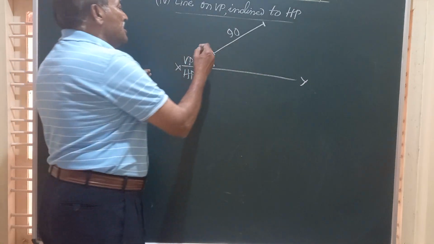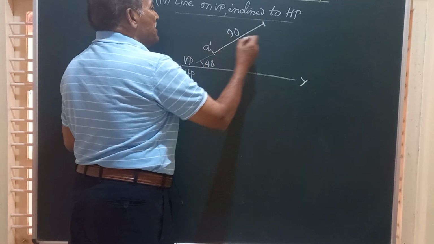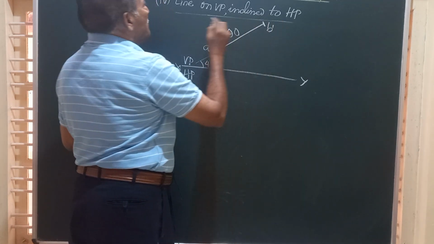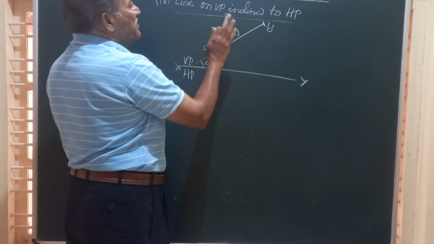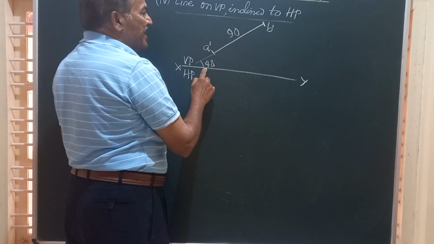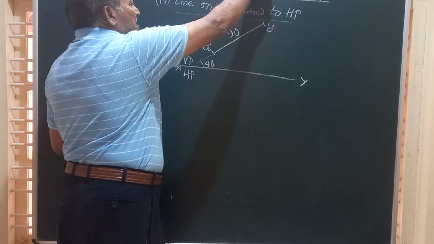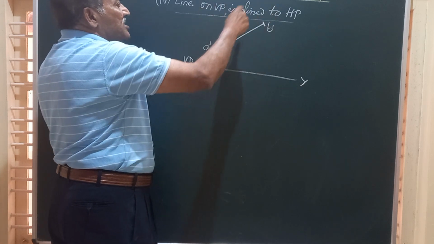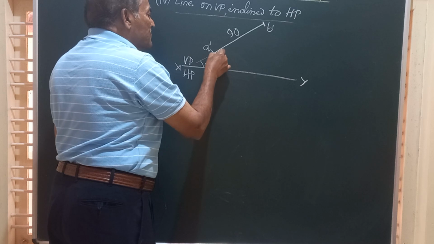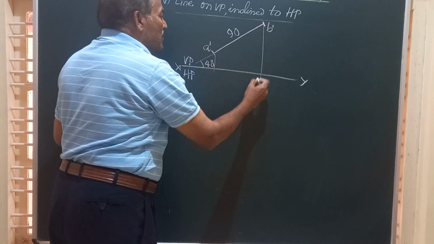So friends, here you have got the line AB, which is on VP and inclined to HP at an angle. And how to obtain the top view? I told you, when you see the ends A and B, the shadow of these points fall on XY.